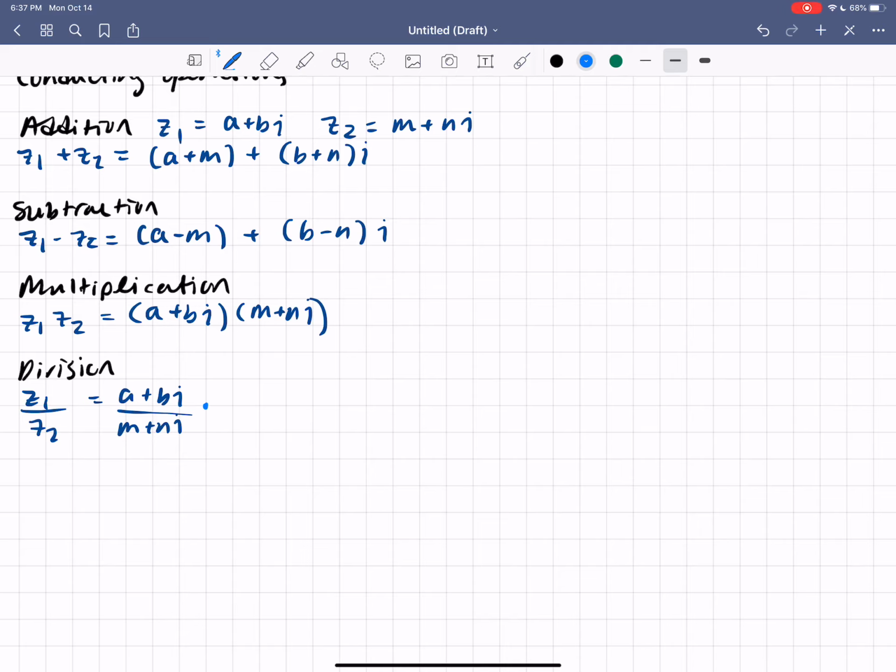So if this is m plus ni, it would be multiplied by m minus ni. And the reason we can multiply this fraction by the conjugate is because if the top and bottom are the same, we're essentially just multiplying this value by 1. And when we multiply anything by 1, it still maintains its value.